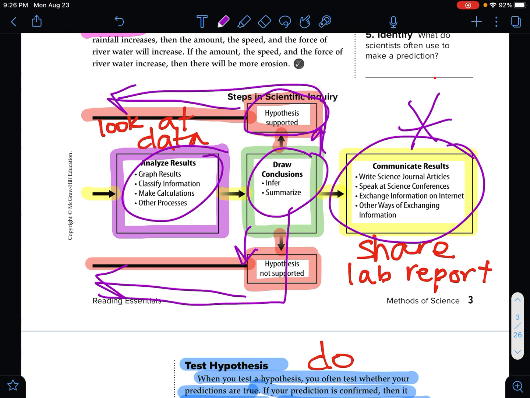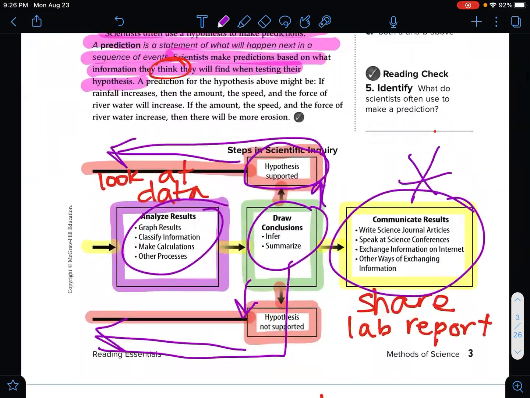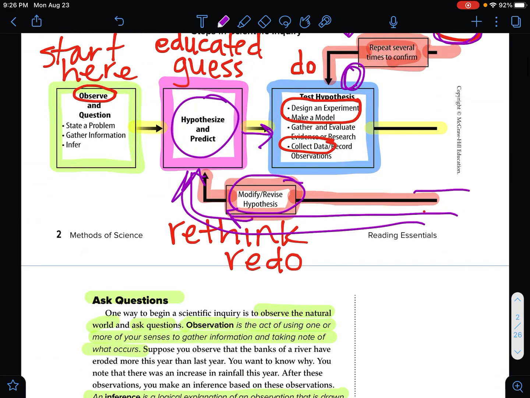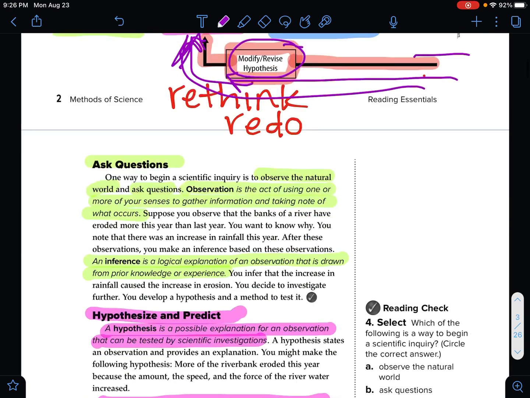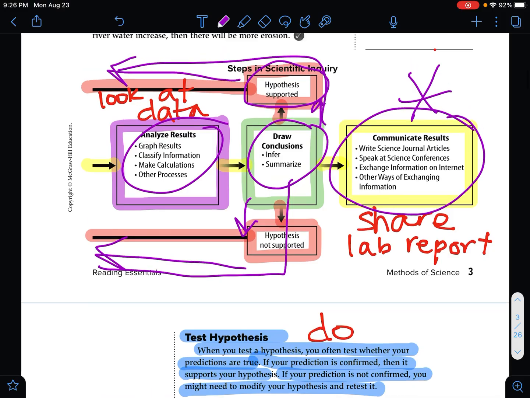Then you're going to redo that experiment a few times just to make sure that you have reproducibility to confirm. But if your hypothesis was not supported, well, back to the drawing board you go, and you need to rethink your hypothesis and go through the process again until you are ready to communicate results. You're going to share what you did. You're going to share it with someone else, okay?